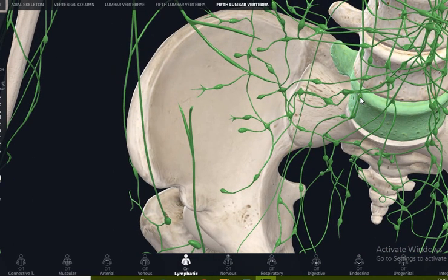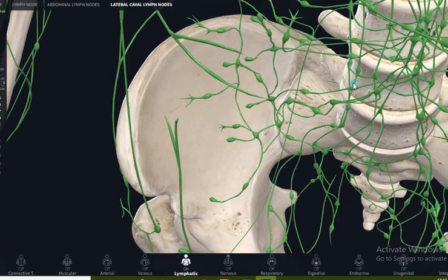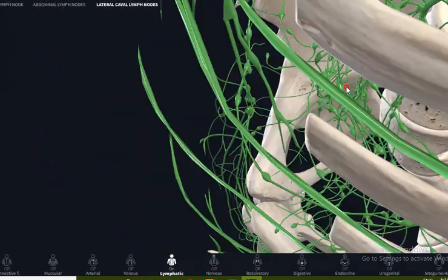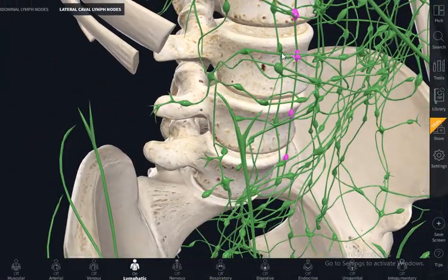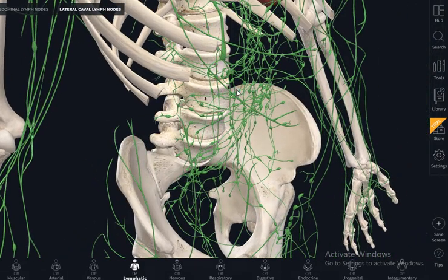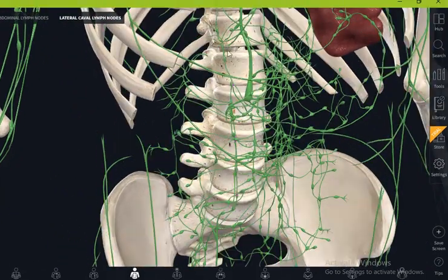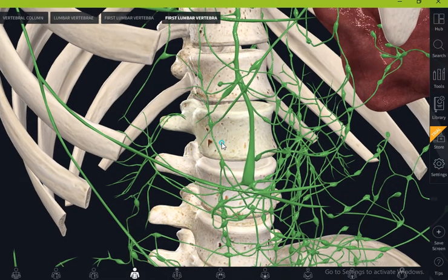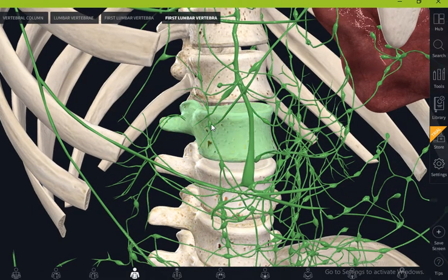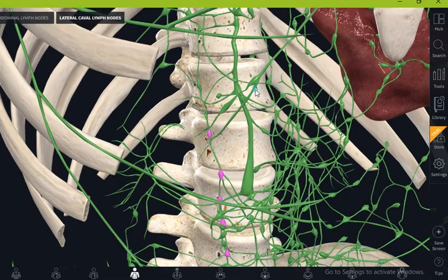So we have the lateral caval lymph nodes. After this, you have the lateral caval lymph nodes, which go above in this direction.